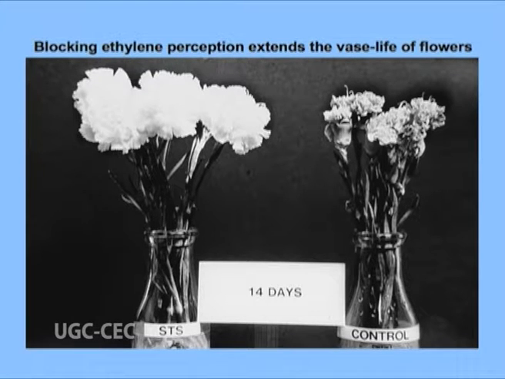Inhibitors of ethylene action like silver ions applied as silver nitrate or as silver thiosulfate are used to increase the longevity of cut flowers like carnations. In future, many agricultural plants may be genetically modified to regulate ethylene biosynthesis and control the ripening of fruits and retain freshness of flowers.